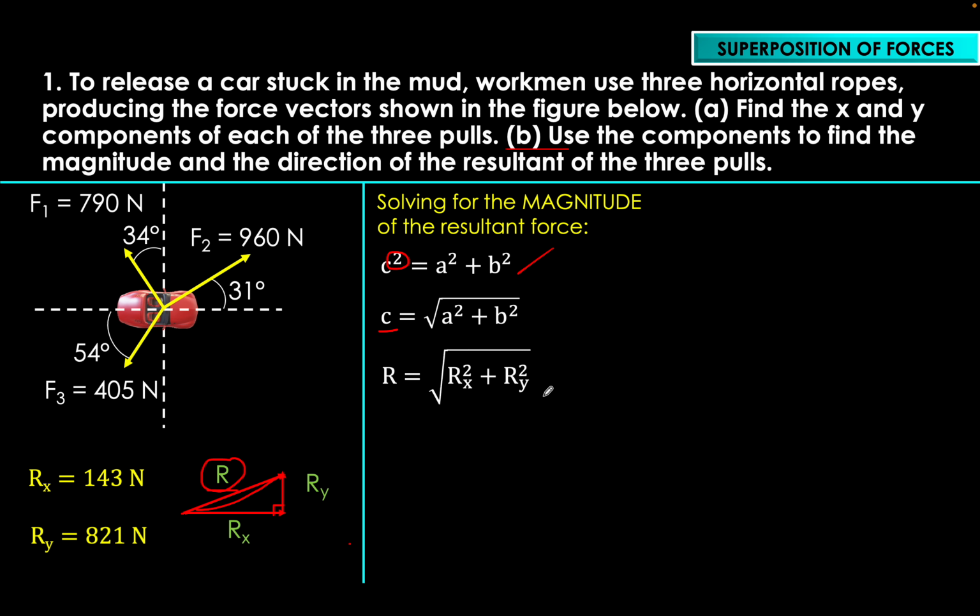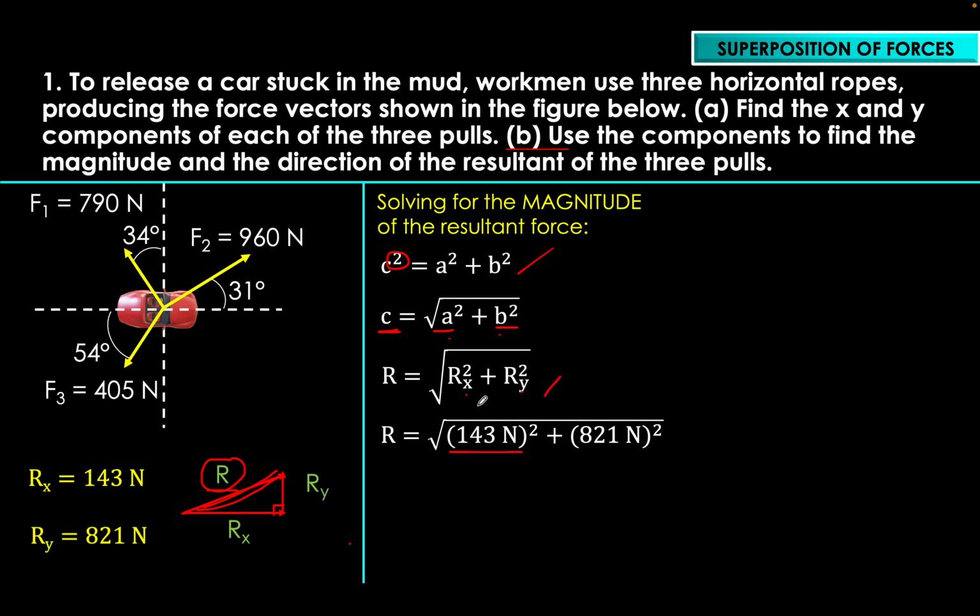And then we rewrite it using our physics terms. Nothing bloody, it's still the same equation. But instead of writing C, we write R because C is the hypotenuse of our right triangle in Pythagorean theorem. And that is also represented by our resultant force that we're looking for in part B. And then take note that A and B are just the two other legs of your right triangle. It doesn't matter which is which, but we could write R sub x and R sub y for A and B respectively by choice.